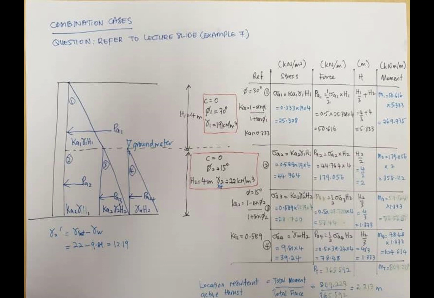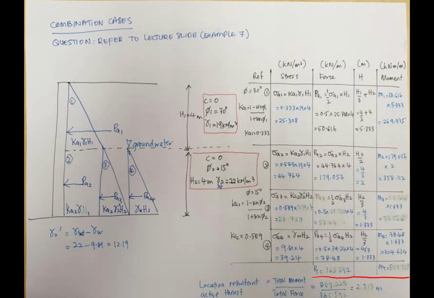So I want all of you to redo this example 7, calculate on your own, and see whether you can find the same answer as what I have right now. Whatever principle I already explained, it is the same principle. What you need to do right now is, when you have all of these answers, at the end of the calculation, you must calculate P total, that will be the total force, and then you calculate the total moment.